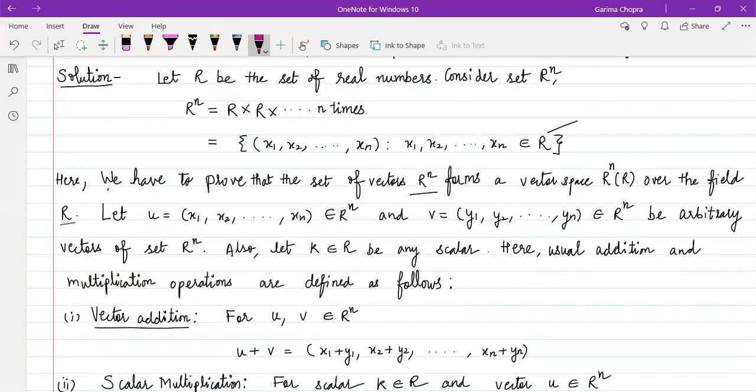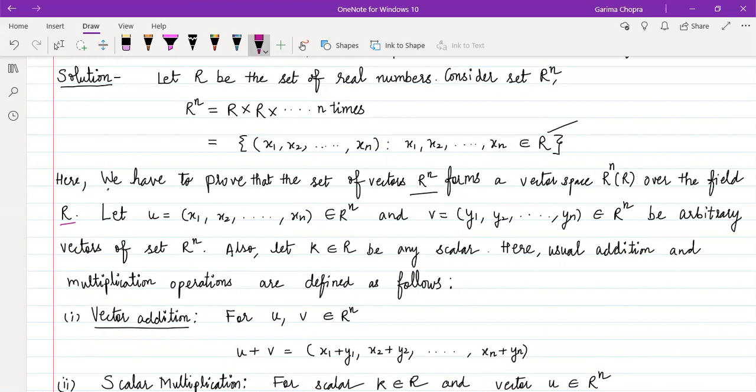Now we need to verify all the axioms along with the closure properties, that vector addition is closed in set V, which is this Rn, and scalar multiplication is also closed here in set V. So for that, we are considering here two arbitrary vectors of the given set of vectors.